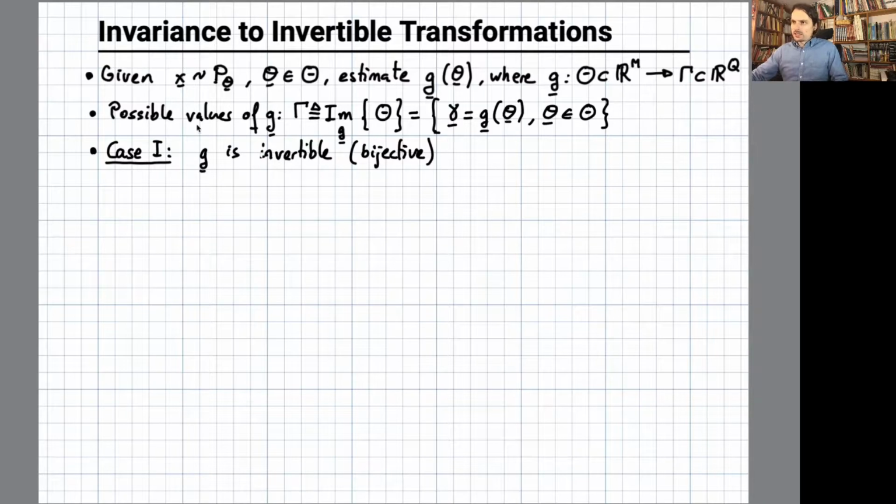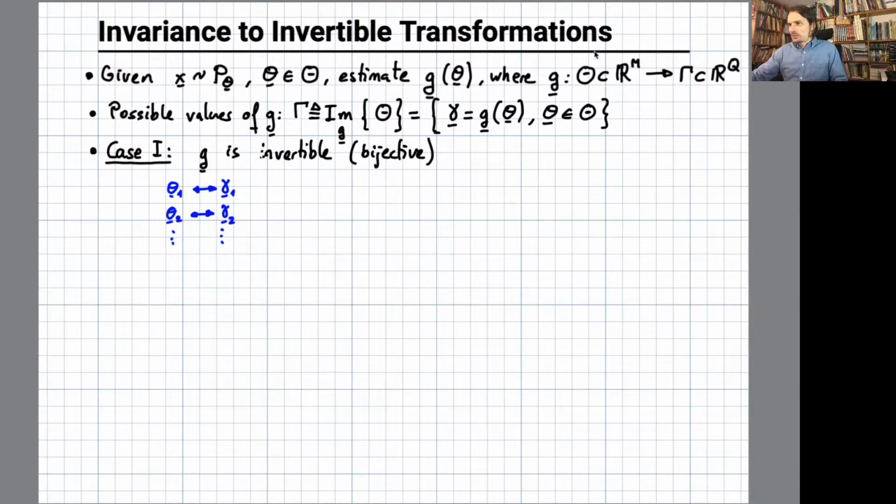To analyze invariance, we will be considering two cases. In the first case, we assume that g is invertible, right? So, as we know, a function is invertible when there is a one-to-one correspondence between the elements of Theta, in this case, and Gamma, okay?